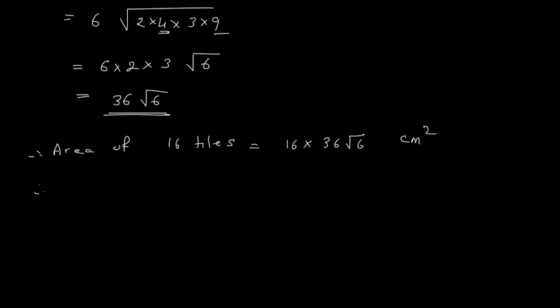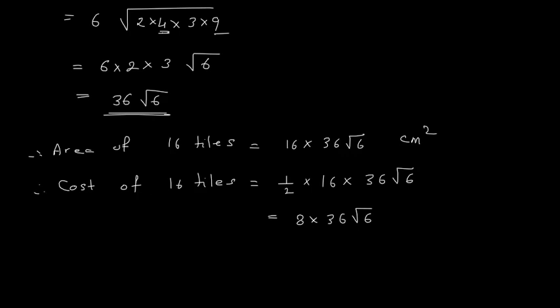Therefore the cost of 16 tiles will be 50 paisa, meaning half a rupee, 1 by 2, into 16 into 36 root 6, which gives me 8 into 36 root 6, that is 288 root 6. So the cost of 16 tiles is rupees 288 root 6.